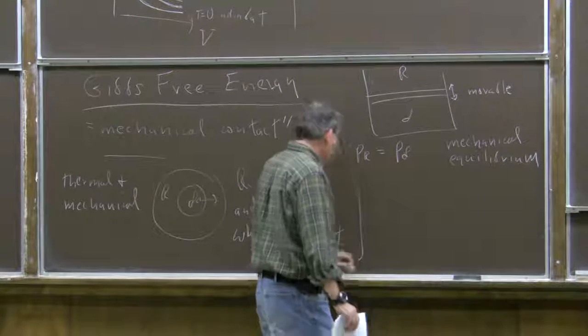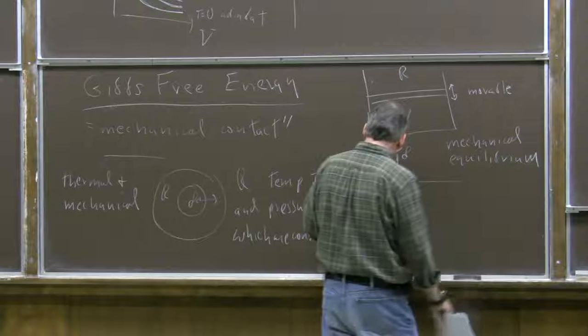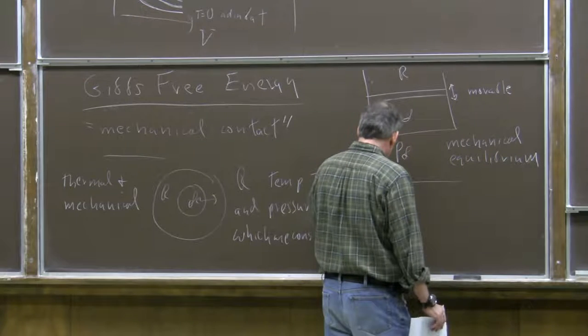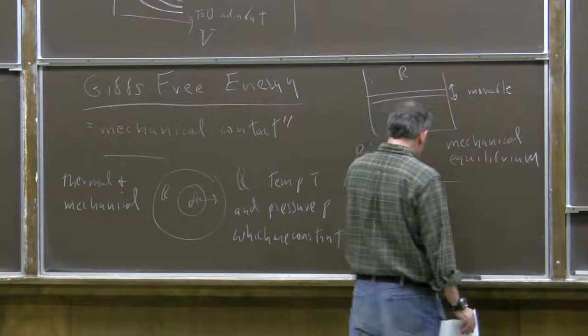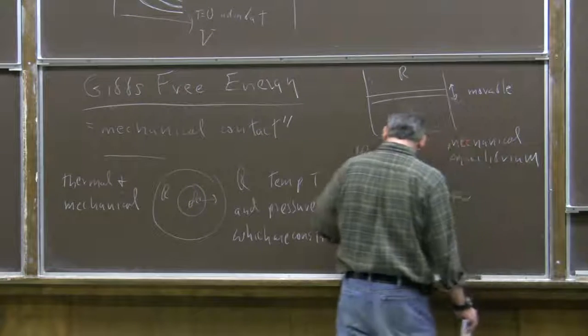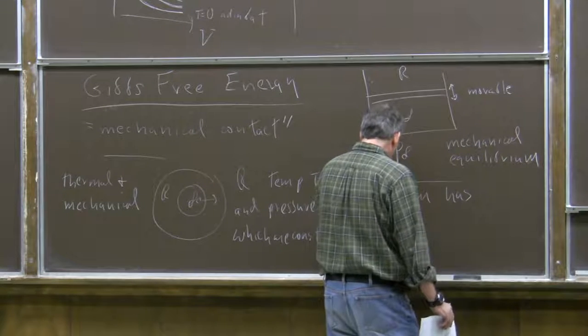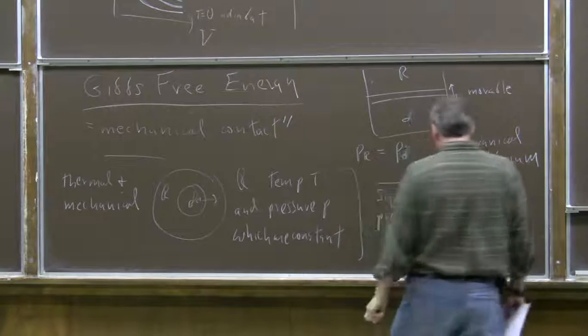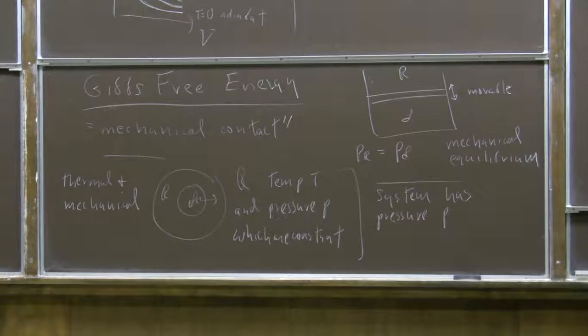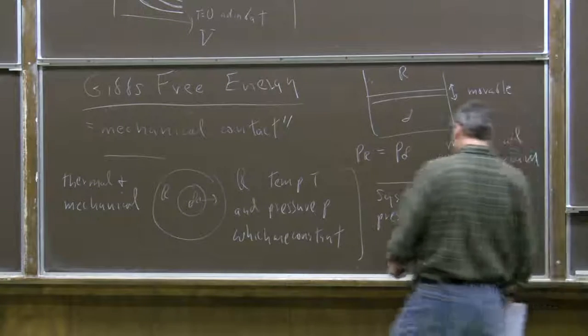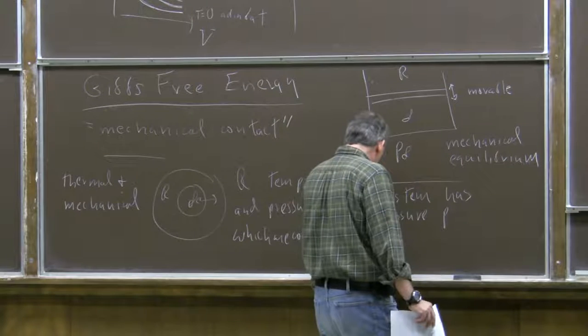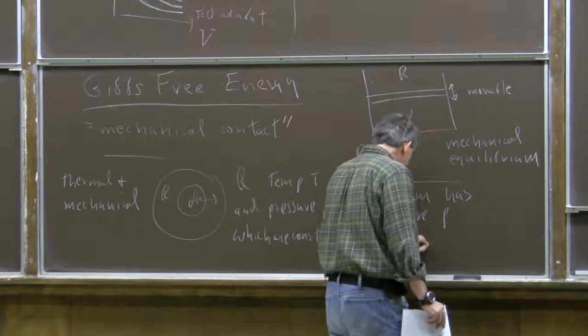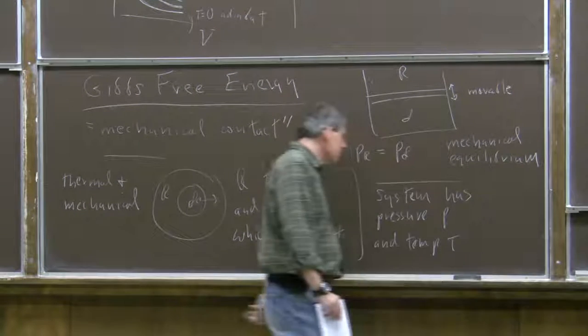So in mechanical equilibrium, the pressure of the system will match that of the reservoir. And in thermal equilibrium, it'll have temperature matching the temperature of the reservoir, as we've already discussed.